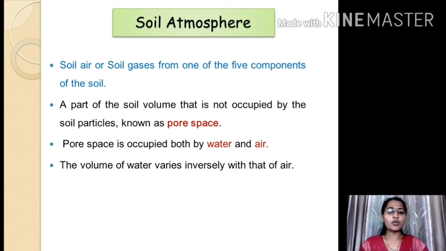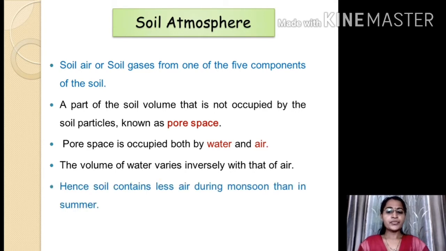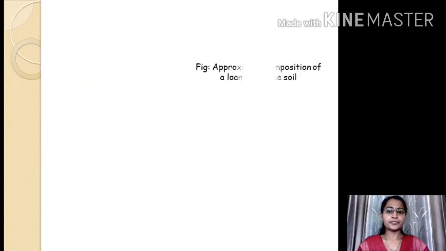But the volume of water varies inversely with that of air, and therefore soil contains less amount of air during monsoon because the water content is high, while in summer soil contains maximum amount of air and less amount of water.